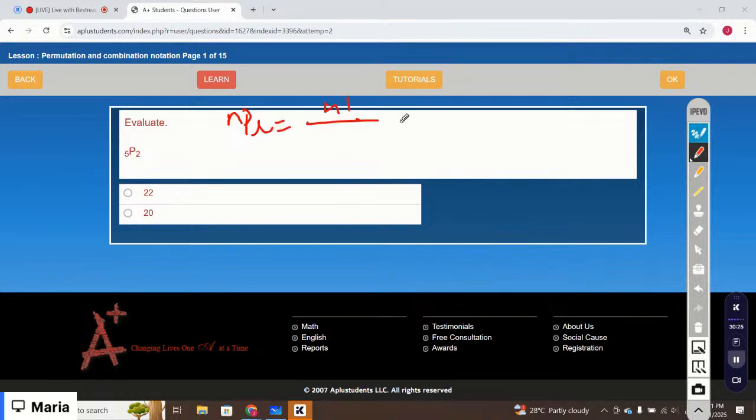nPr equals n factorial divided by n minus r factorial. That is 5 factorial divided by 5 minus 2, which is 3 factorial. So 5 times 4 times 3 factorial divided by 3 factorial. 3 factorial cancels out, 5 times 4 is 20.